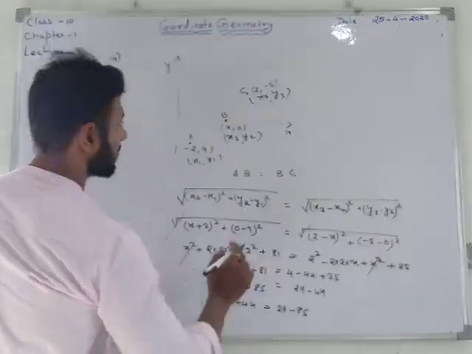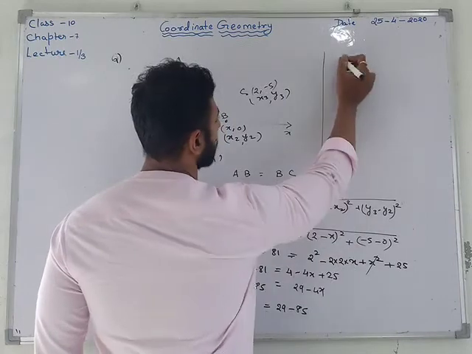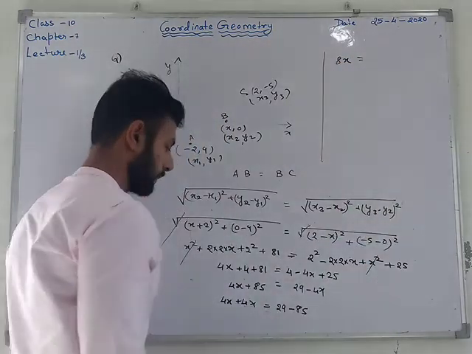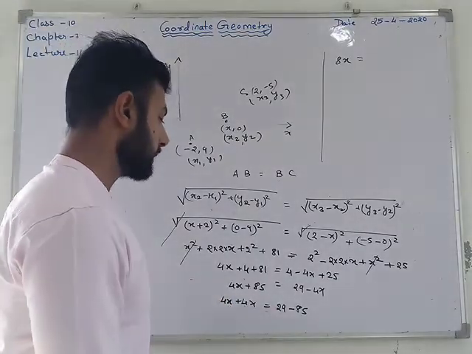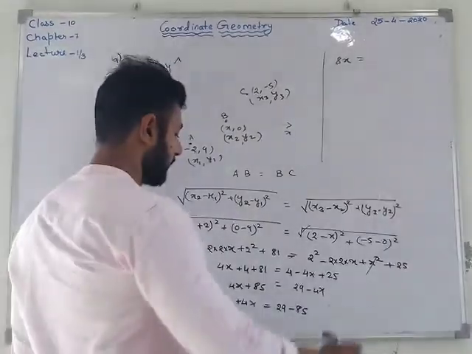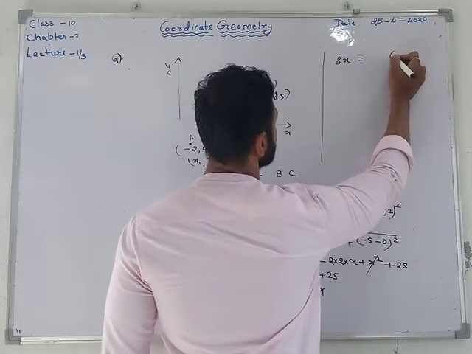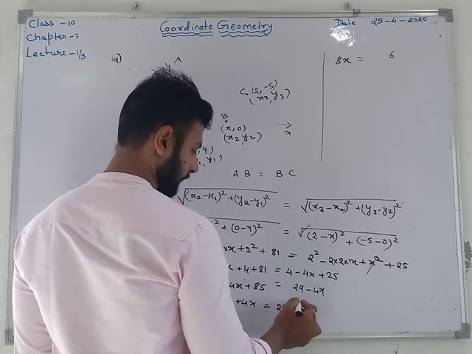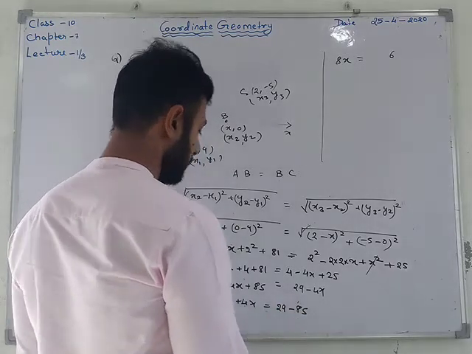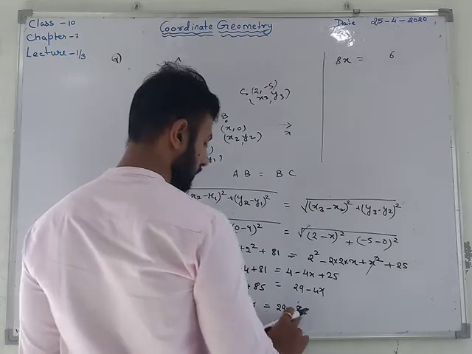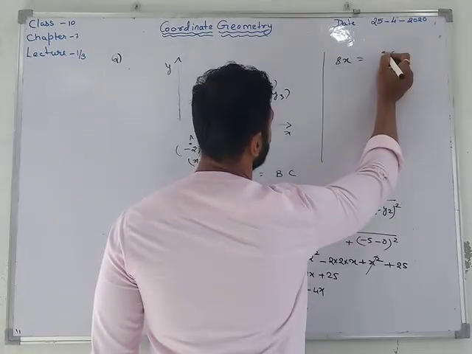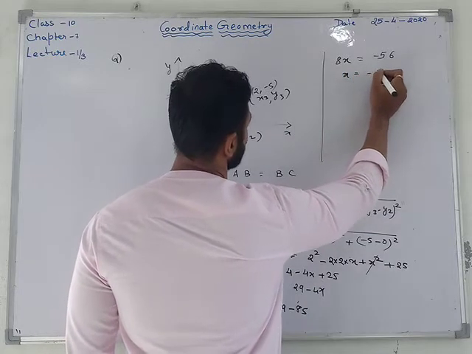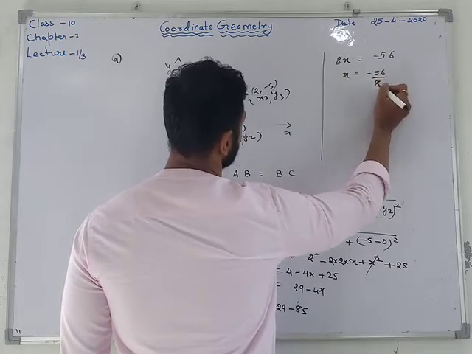So 4x plus 4x will be 8x, and 29 minus 85 will be minus 56. So 8x is equal to minus 56, x is equal to minus 56 by 8.